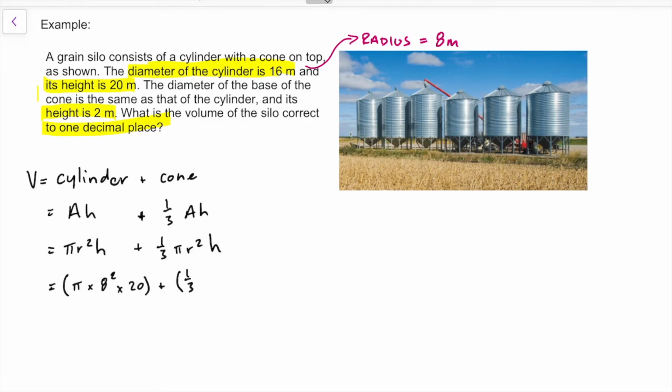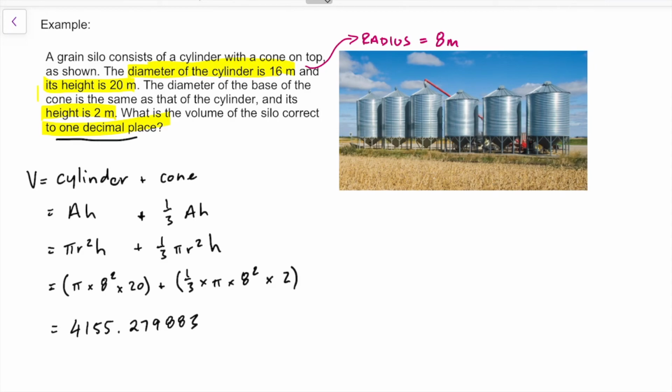We're going to have a third times pi times 8 squared again, times the height of the cone, which is 2. Okay, so the cylinder is 20, the cone is 2. So we've got our two different heights going. We plug that into a calculator. We get 4,155.2798883. But we only want one decimal place.